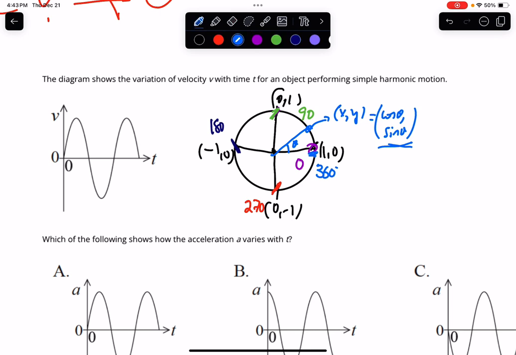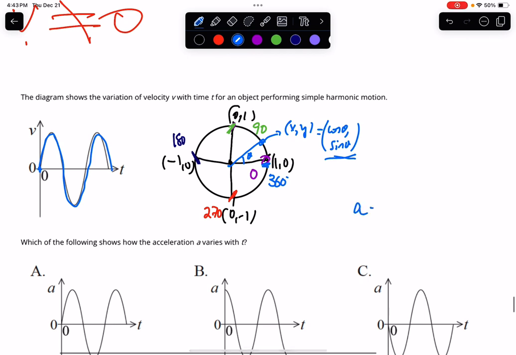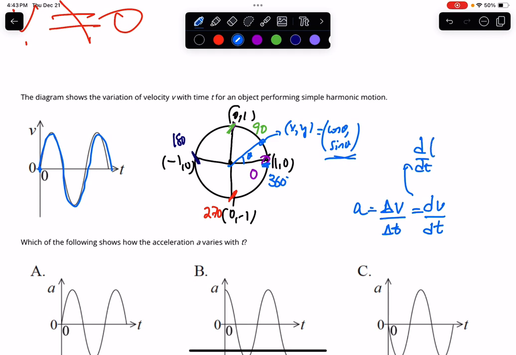So the main thing you will see is that this y value, this v value, is going to represent a sine function. And we know that the acceleration is going to be the change in velocity, delta v by delta t. So you can use these derivatives. The acceleration is dv by dt, and we know that the velocity is sine of theta. That's what the form is.